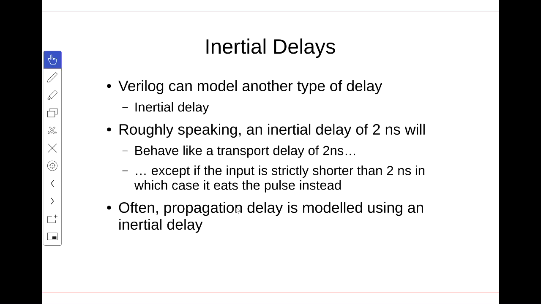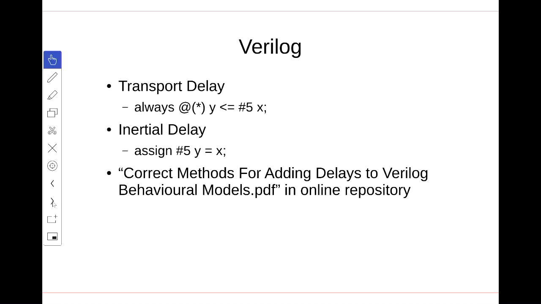So for this course, it suffices for us to model propagation delay, not by a transport delay, which we did early on for simplicity, but by an inertial delay. That's a better model. This is how you do a transport delay in Verilog. I showed you that before. This was snuck into the labs and is actually an inertial delay.